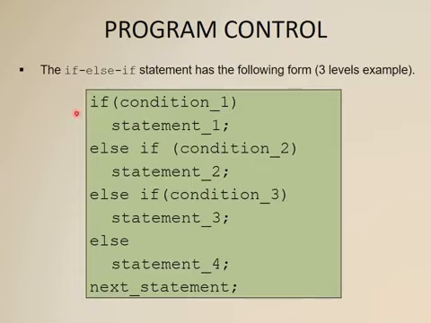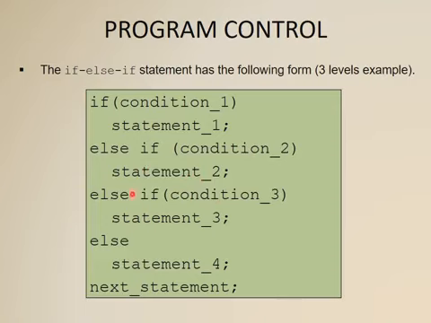Also we can write these if else if statements at this level. So if condition 1 is true, then statement 1 is executed, else we will check condition 2. If this is true, then statement 2 will execute, otherwise we will go to a third condition.